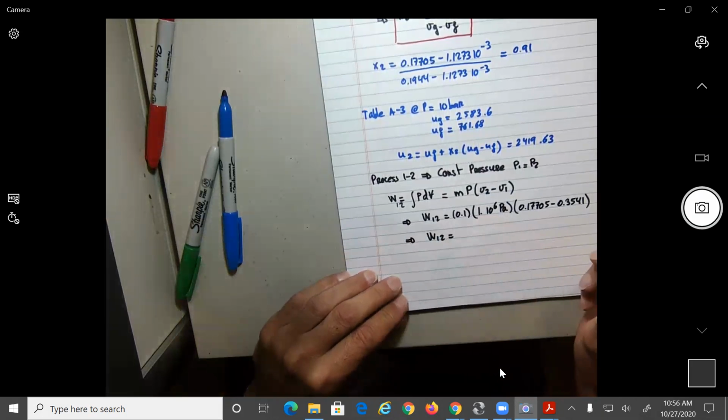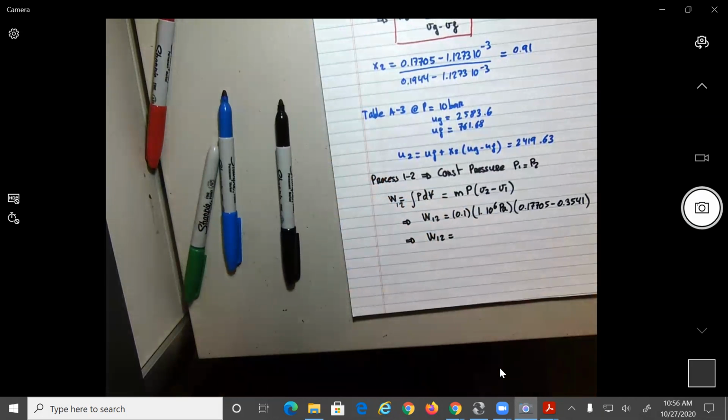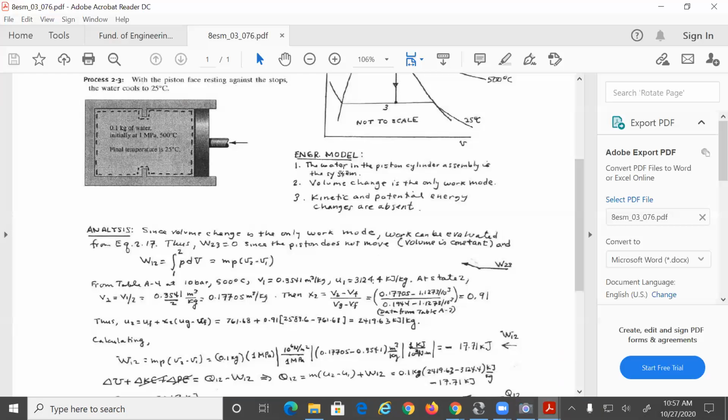So if you do this calculation, you should get, let's see, work 1,2. Do you get negative 17.71 kilojoules? You should get a negative value, so negative 17.71 kilojoules.